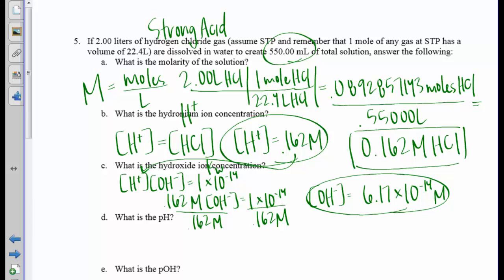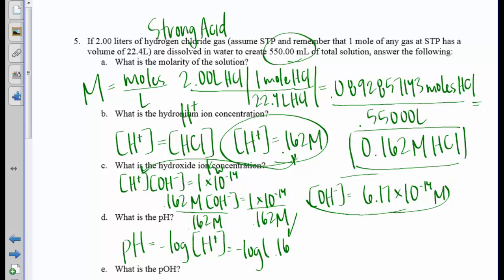Next, we have, what is the pH? We learned that the pH is related to the hydrogen ion concentration, and we can find it by taking the negative log of the hydrogen ion concentration. So if I plug in the hydrogen ion concentration from above, I'm going to take the negative log of 0.162. And when I calculate this, I get the pH to be 0.790.